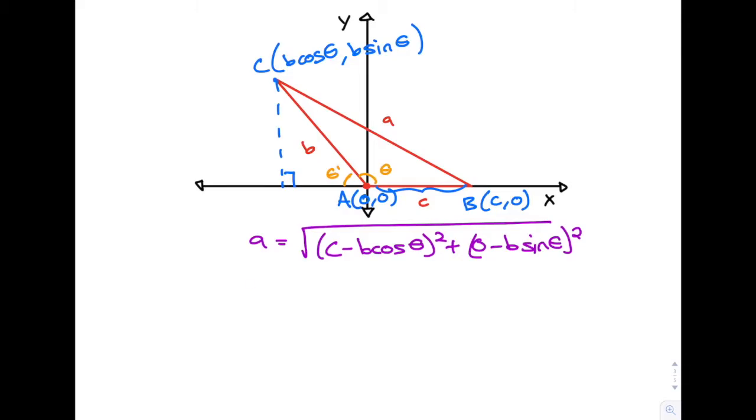Okay, so now we square both sides, so we have a squared equals (c minus b cosine theta) squared plus (negative b sine theta) squared.